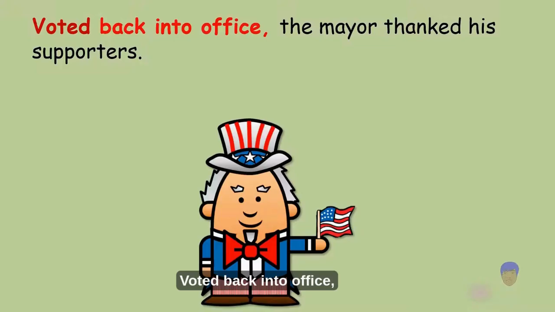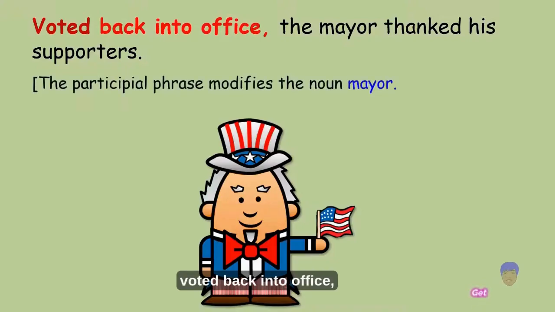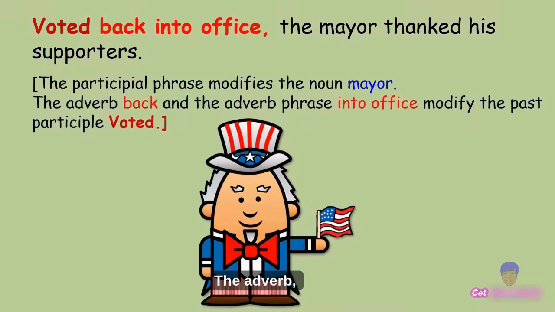Voted back into office, the mayor thanked his supporters. The participial phrase, voted back into office, modifies the noun mayor. The adverb back and the adverb phrase into office modify the past participle voted.